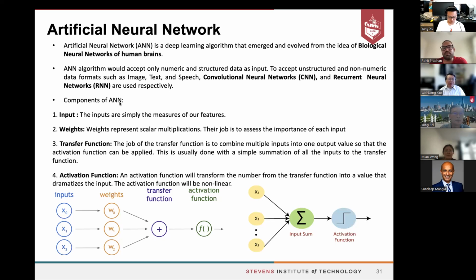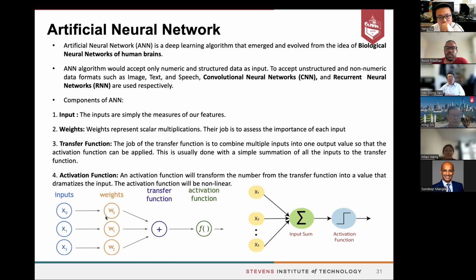The basic components of artificial neural networks start with the input, the input data which we get, and the weights, which are the importance of the data, that is, how important that input is. Next is the transfer function, which is basically the summation.